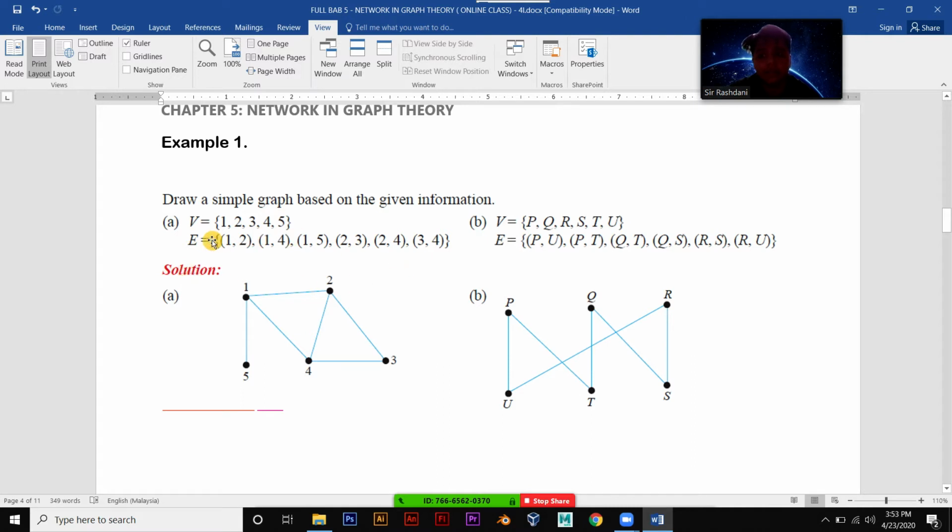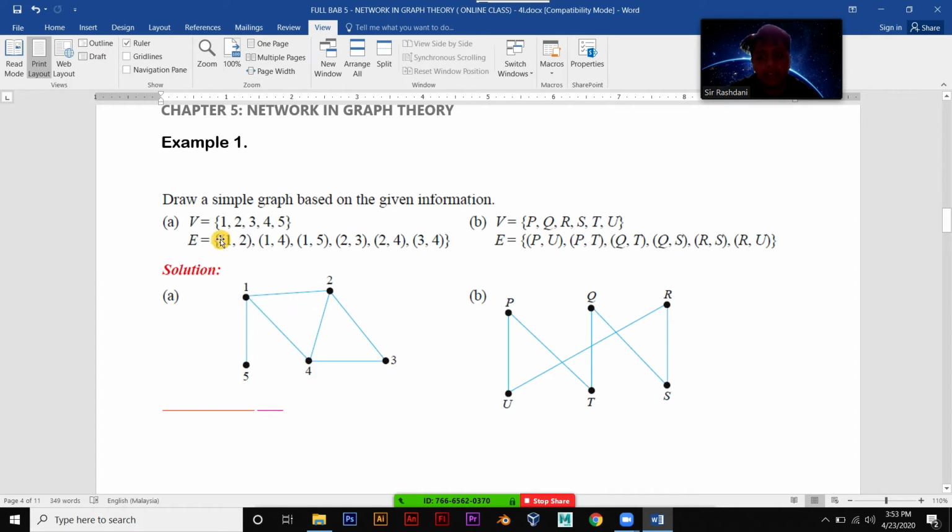So the first thing you need to do is sketch the graph. We need to sketch the dots first, which are the vertices: 1, 2, 3, 4, 5.